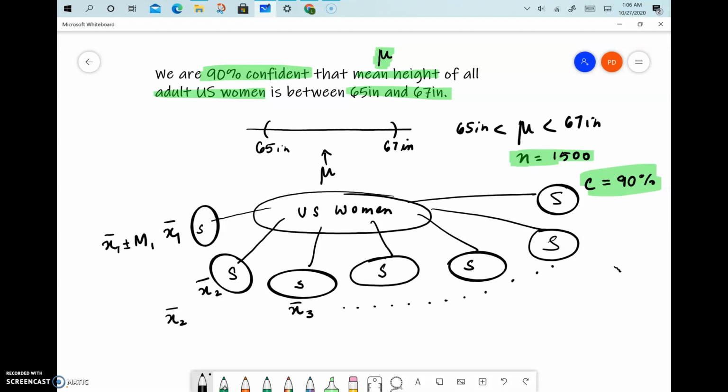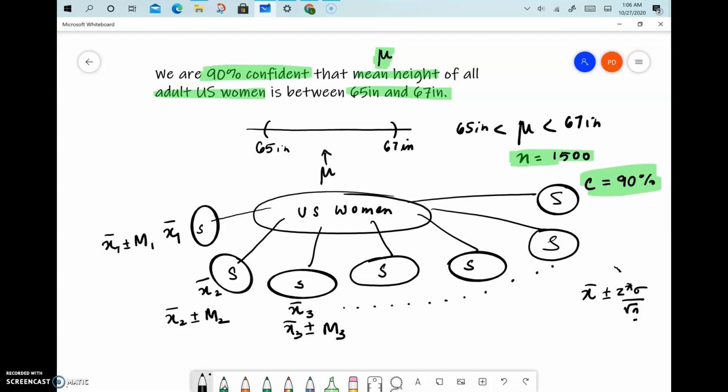So this will be x2 bar plus or minus m2. This is x3 bar plus or minus m3. If you remember the formula, it is x bar plus or minus z star sigma over radical n.